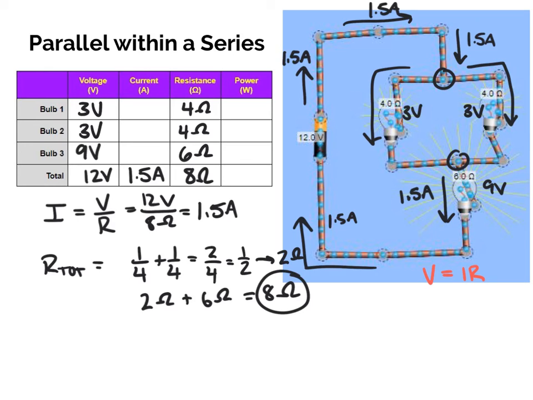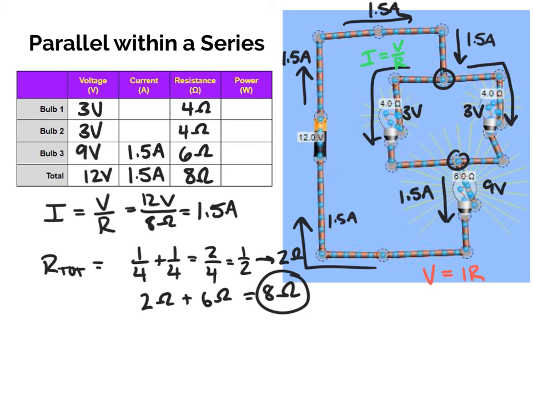Now that I know the voltage, what I can then do is find the current. Now I already know the current that's flowing through bulb 3 is 1.5 amps. So what I got to do is find the current that's flowing through these 2 bulbs up here. What I'm going to do to find that is I'm going to use my Ohm's law relationship again, but I'm now going to solve for current. If I take the voltage divided by the resistance, it should tell me the current flowing through each.